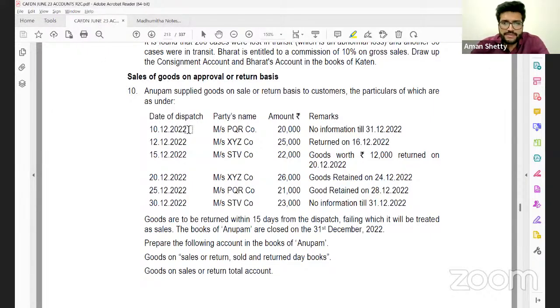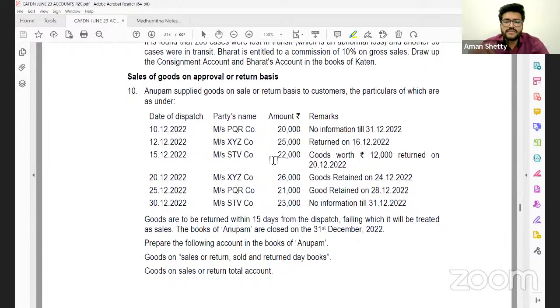12/12/2022, Messrs. XYZ Co. 25,000, returned on 16/12/2022. 15/12/2022, Messrs. STV Co. 22,000, goods worth rupees 12,000 returned. 20/12/2022, Messrs.